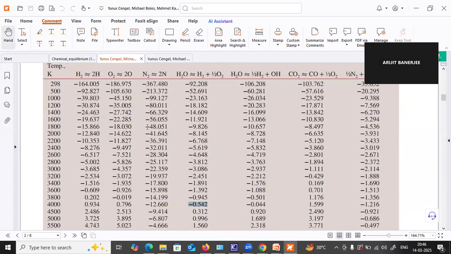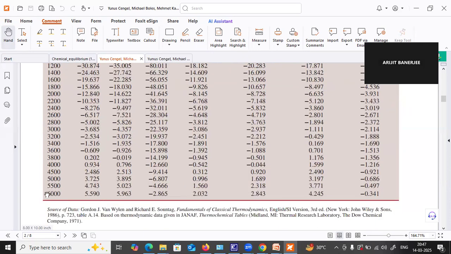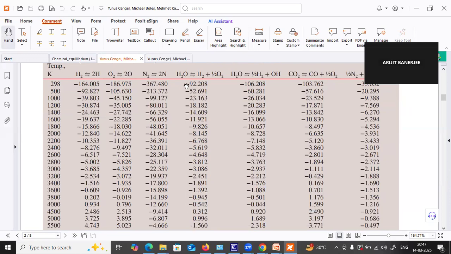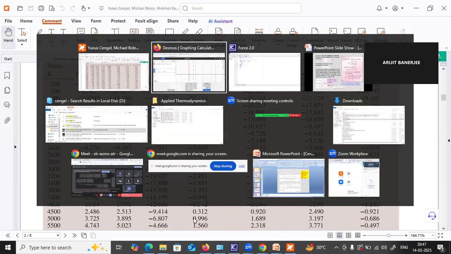So my target is to show you what will happen at different temperatures. That means at 4000 Kelvin, it is clear how much water will be dissociated. Now from 298 up to, say, 6000 Kelvin, what will happen? So you will simply write that value of the equilibrium constant there. And you will calculate what will happen.